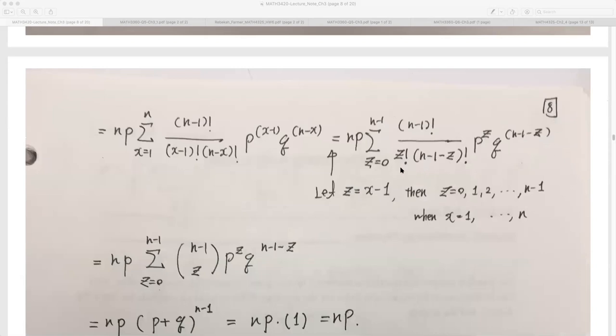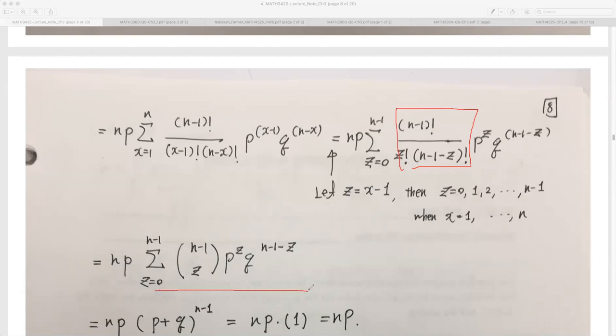N minus 1 choose z. I mean, the combination, n minus 1 c z. I'm sorry.